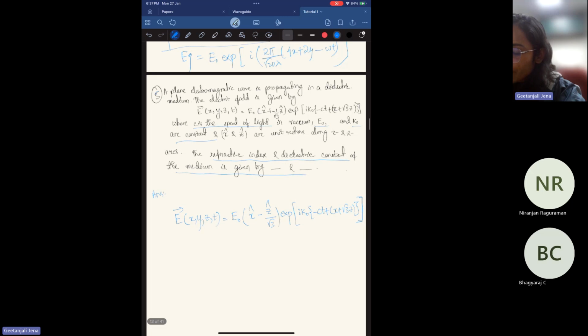For the refractive index n, you know it is c by v, right? And v here is nothing but omega by k. So your work is to find out what omega is here and what k is here.